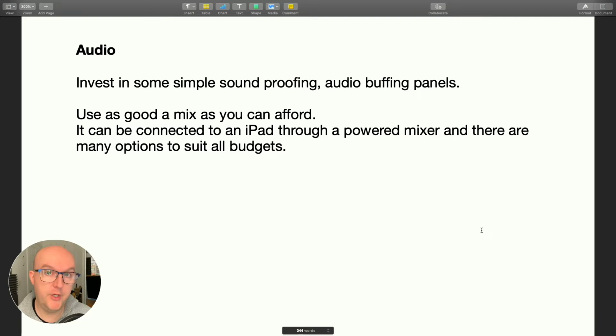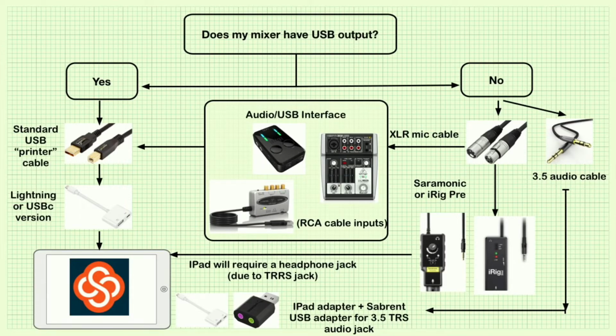As I've already shown you, it can be connected through a USB camera connection kit and a mixer, and there are many options to suit all budgets. So let's have a look at what one of these options could be. If I just show you a very simple graphic here, don't get overwhelmed, because this is not an over-the-top situation. This is just a description where you can see on the left-hand side what kind of options you have available.